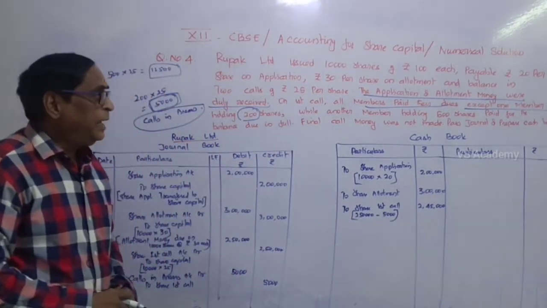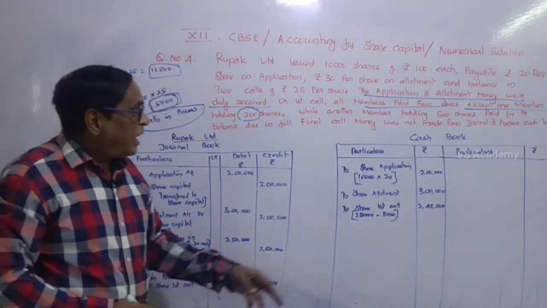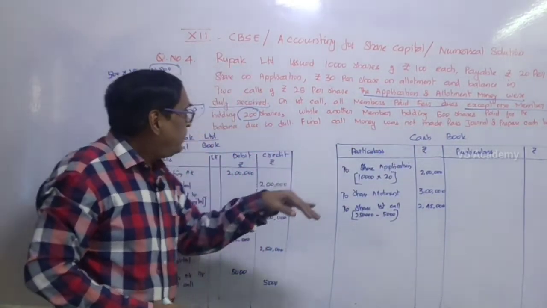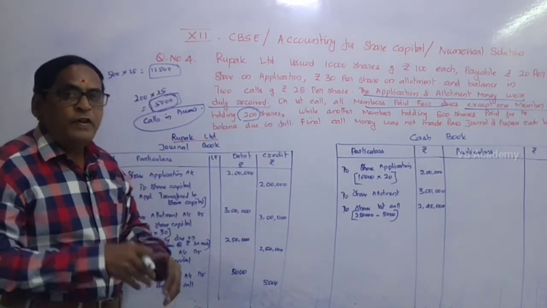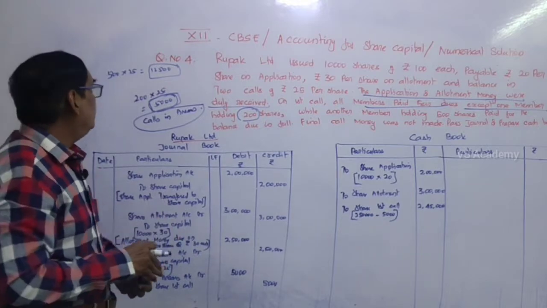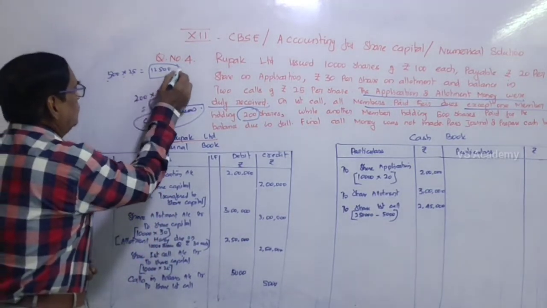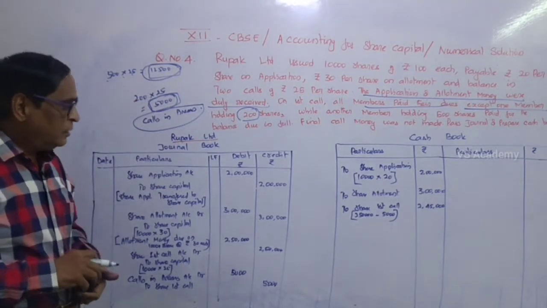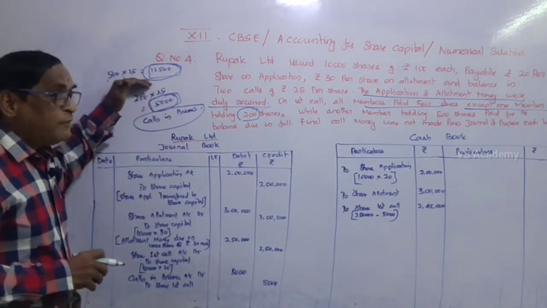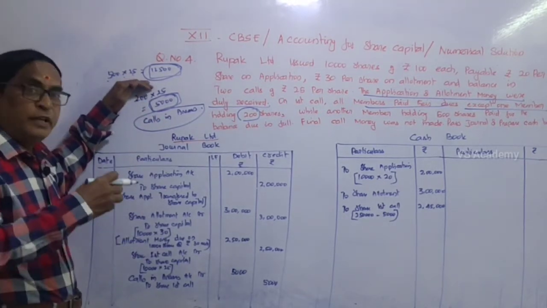But at the same time, one shareholder having 500 shares has paid his final call money, that is 25 rupees, at the time of first call itself. That means 500 into 25, 12,500 rupees he has paid towards final call. It is our liability because we have received in advance.